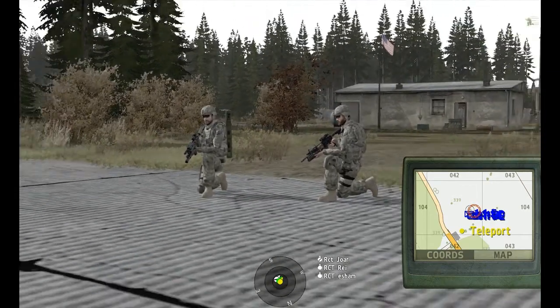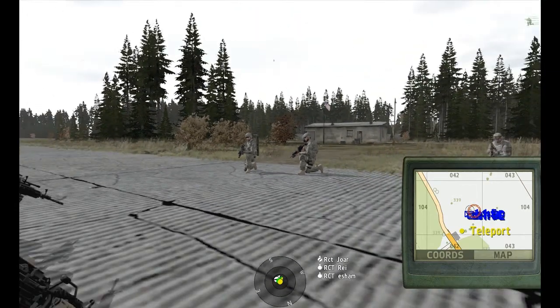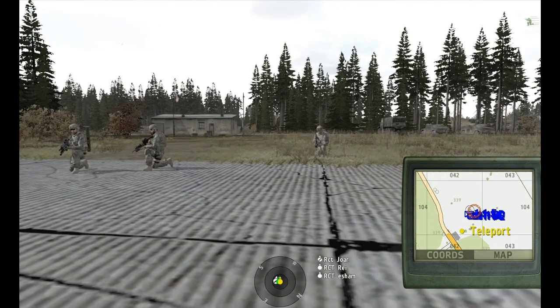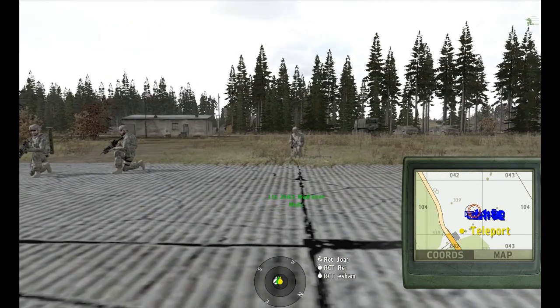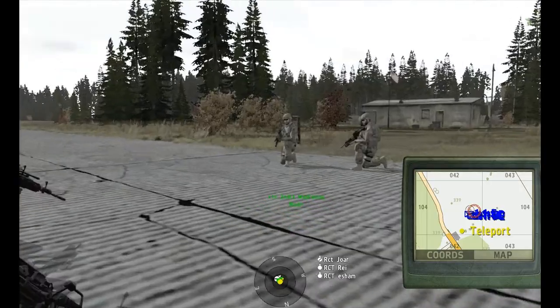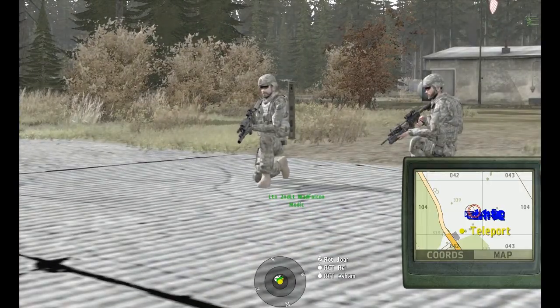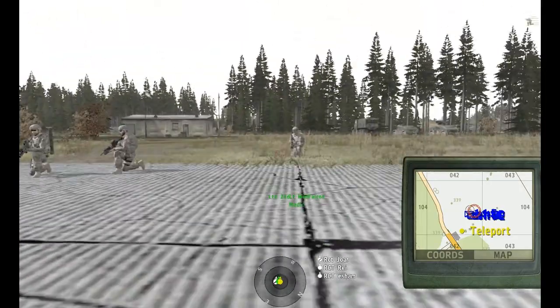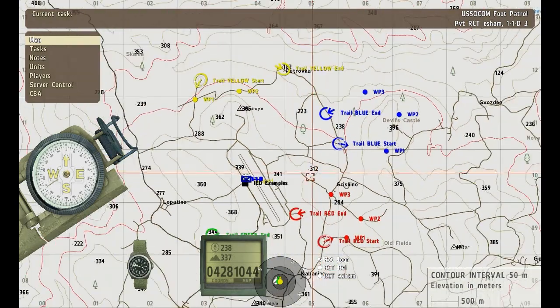The final thing we'll talk about is marking the map. First off, everyone cycle to side channel on your chat. Why? Because who sees the markers is dependent on the channel. If you put a marker down in vehicle channel, only those people in the vehicle get to see it.